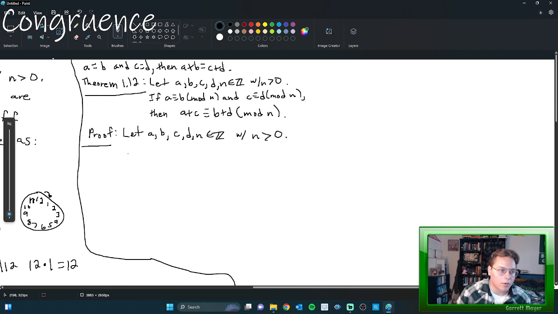And we're also going to let A be congruent to B mod N and C be congruent to D mod N.